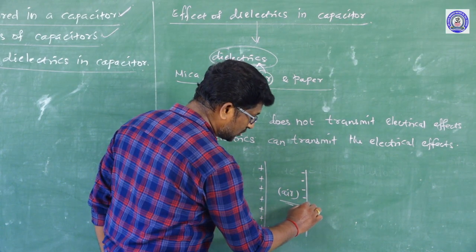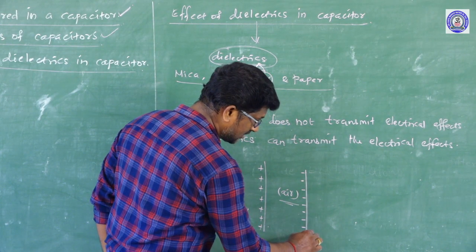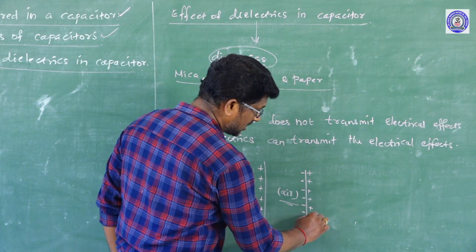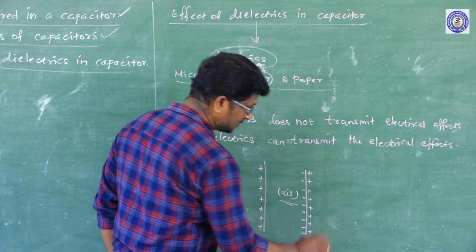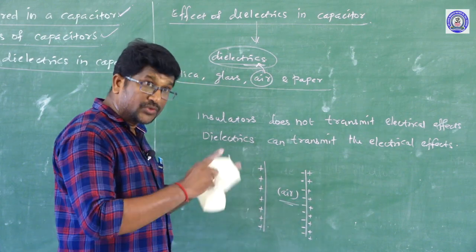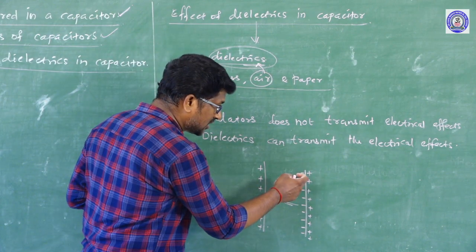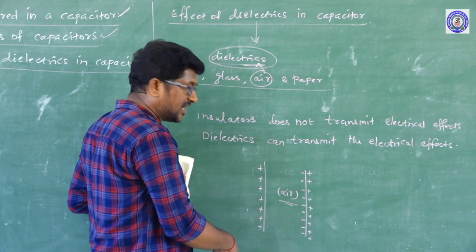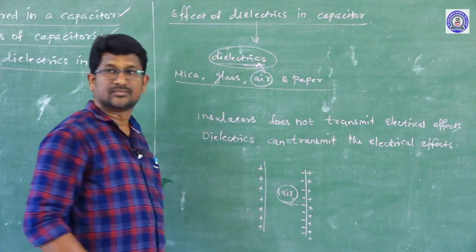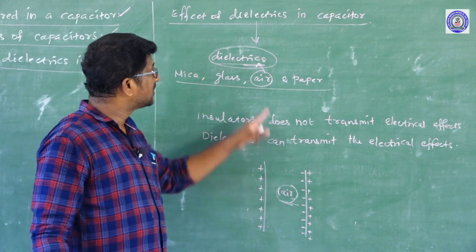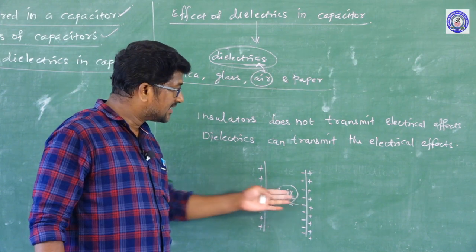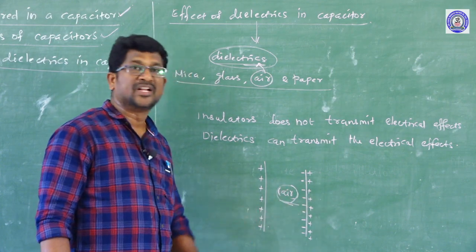Negative charges are induced at one side of the plate, and equal amount of positive charges are induced on the other side. Okay. So, there is no physical contact between these two plates. Without physical contact, the negative charges and the positive charges are induced in this plate. So, this is due to the presence of dielectric material. Because of the presence of a dielectric material, the electrical effect is transferred from one plate to another plate.